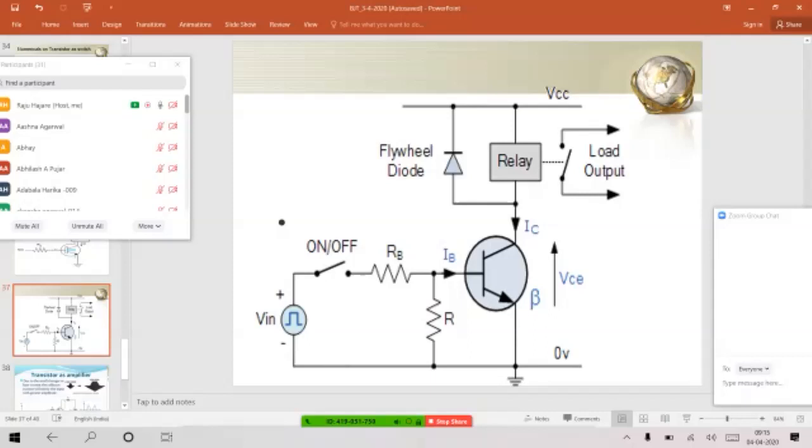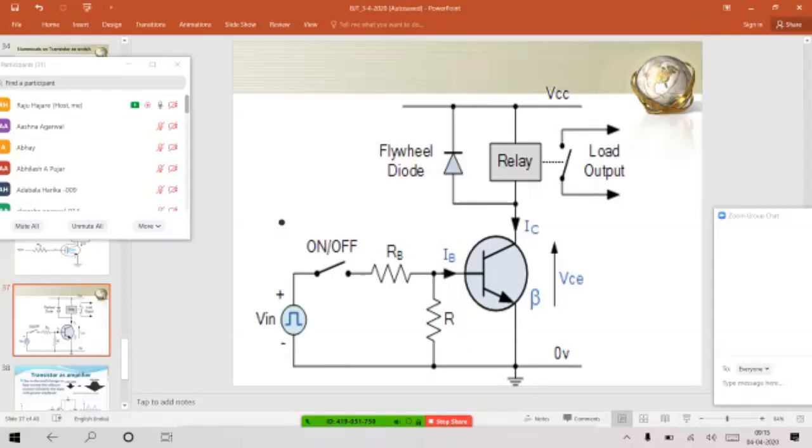When you don't have sufficient collector current to drive the relay, it will be in the off state, and the device or motor will be in the off state. So the relay is operated with the collector current, the collector current depends on the base current, and the base current depends on the input voltage applied, right?